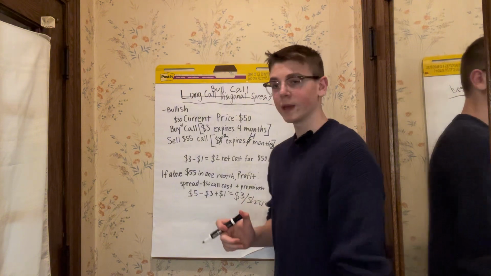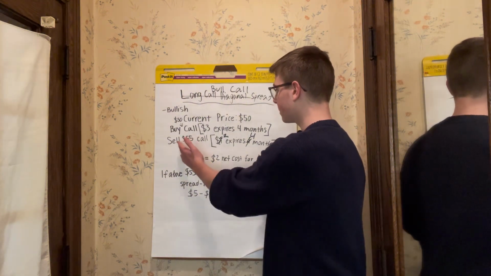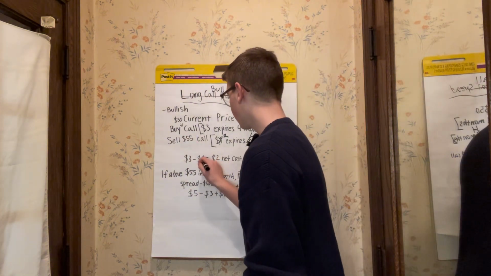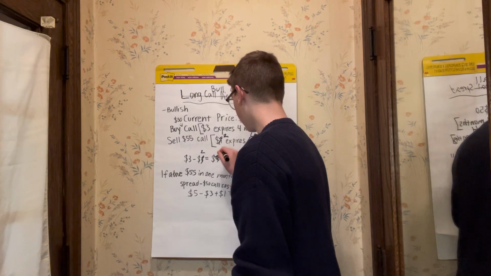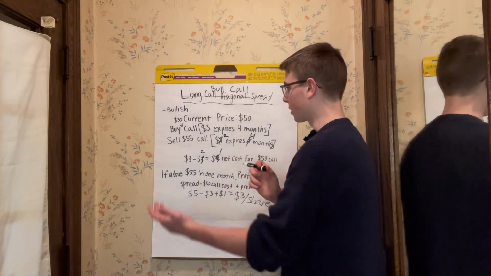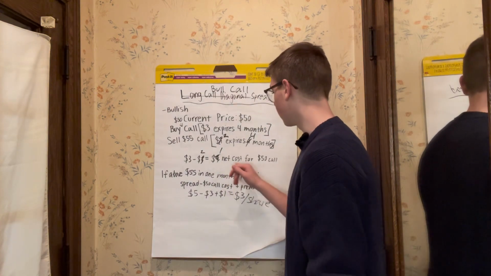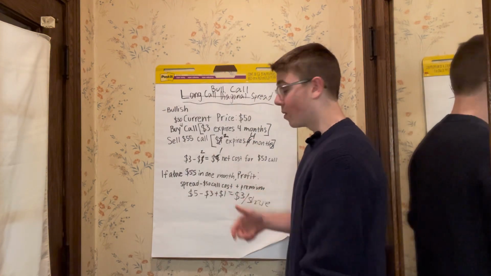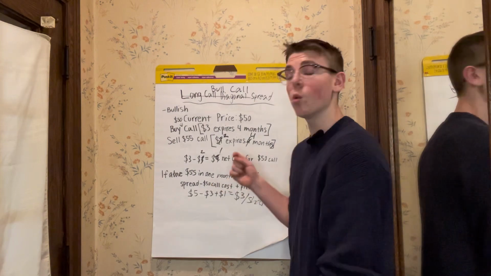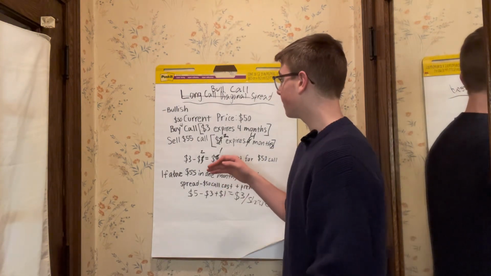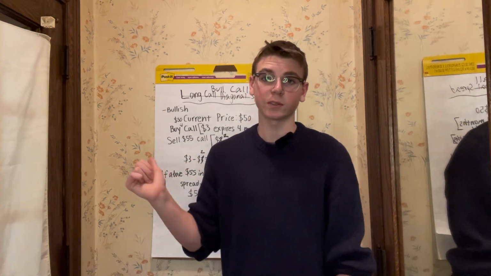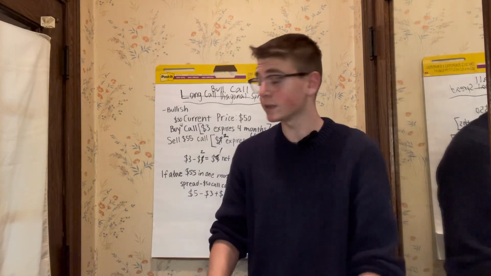So our net cost for this call would be 3 minus 2, a $1 net cost for the $50 call. That means our max loss is actually $1 per share now, like it was $2 per share in the last one. Now it's $1 per share.